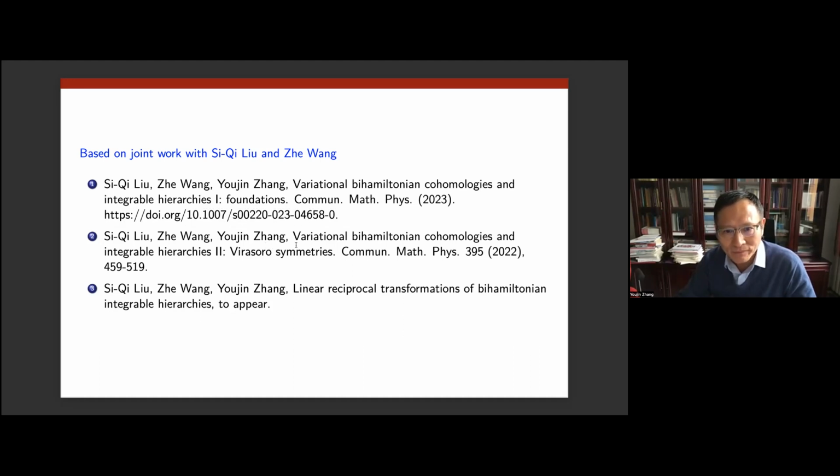And the second one has the same title, but we consider variational symmetries using these so-called variational bihamiltonian cohomologies. And the main content of today's talk is based on this third one, which will appear soon, I think, on reciprocal transformations of bihamiltonian integrable hierarchies.